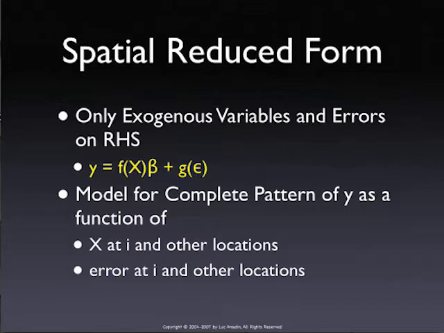So we can do policy simulations, change the x's, and see what that does to the spatial pattern of the y's. Say this is a model for house prices, and some neighborhood improvement policies are in the x's. We can change these x's and see what this does to the prices of every single house in the data set.